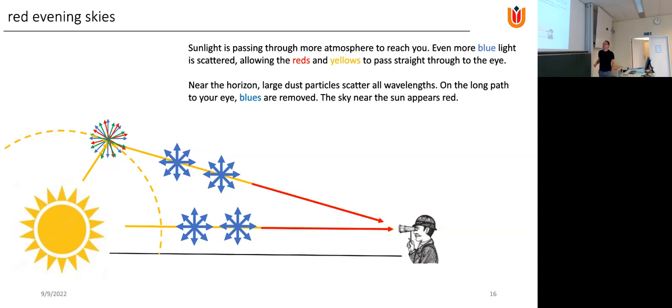And what you also have is that at low altitudes above the Earth there's all kinds of dust and slightly larger particles that also scatter the light, and again blue is removed if they travel a long way to your eye. So all that adds up together to a reddish sky.